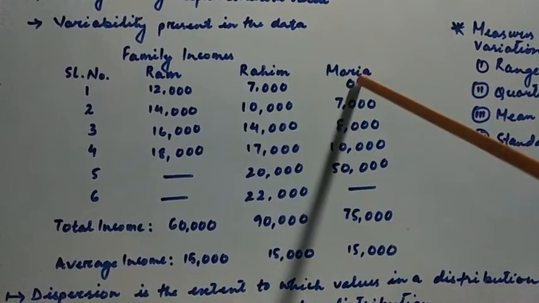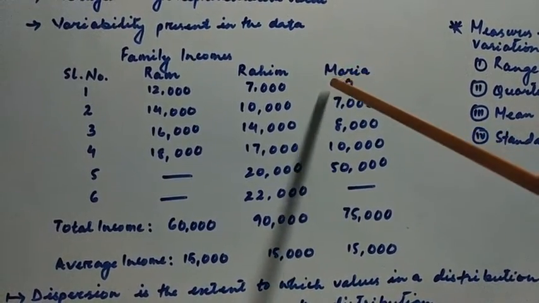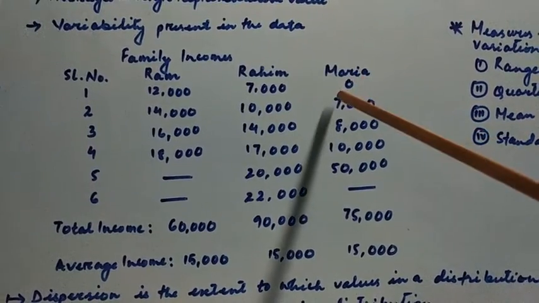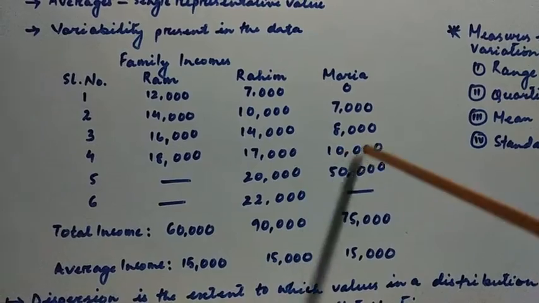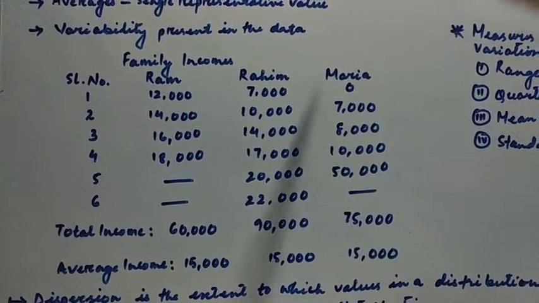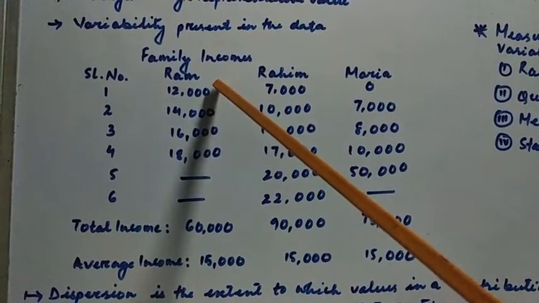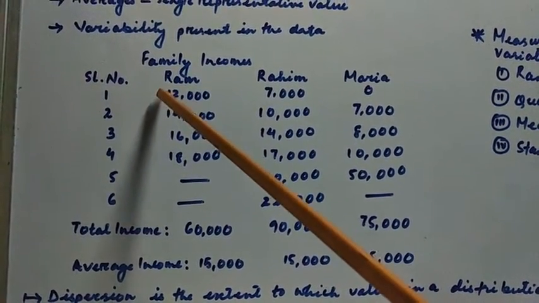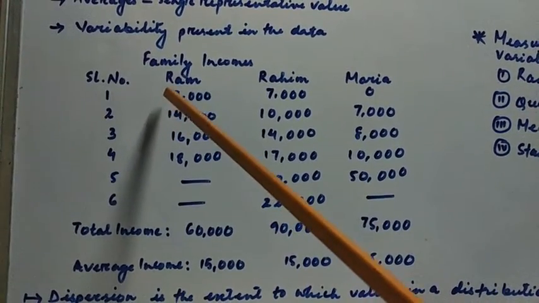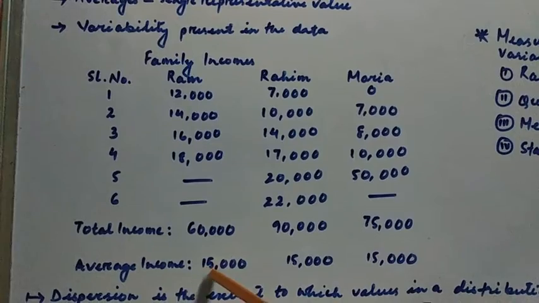But Maria has only 5 family members, and out of that, one person does not have any income, and 4 of them have incomes of 7,000, 8,000, 10,000, and 50,000. Look at Ram's family members' income: there is not much difference in their income, and their average income is 15,000.